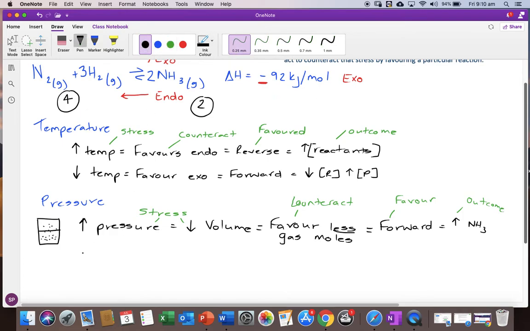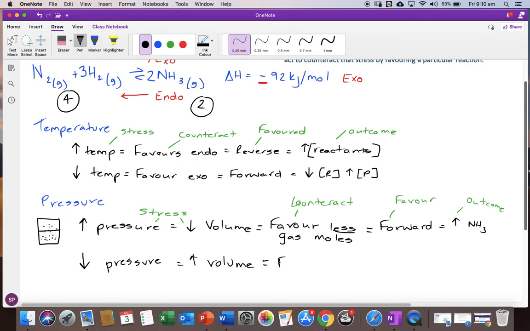Okay, what happens in the opposite? If we decrease pressure, decreasing pressure means that we've increased the volume. We've suddenly given those gases much more space to play around in, which means the collisions with the wall are happening much less, which essentially is a decrease in pressure.